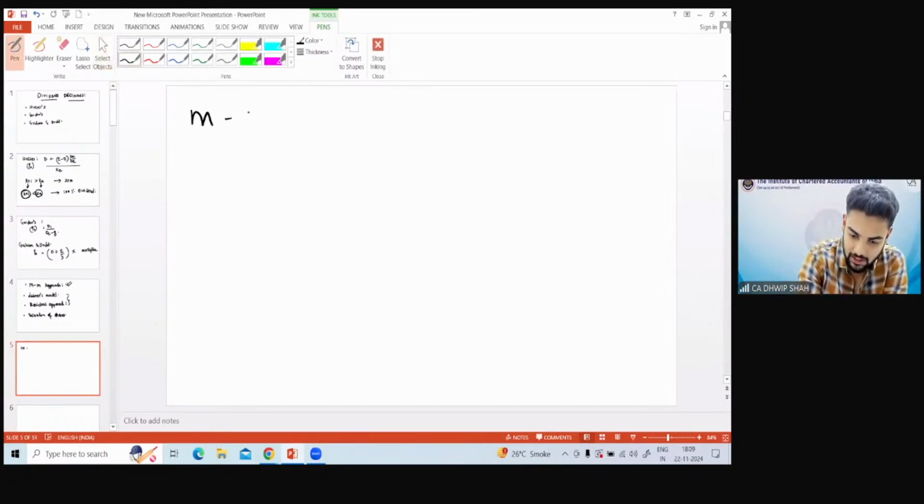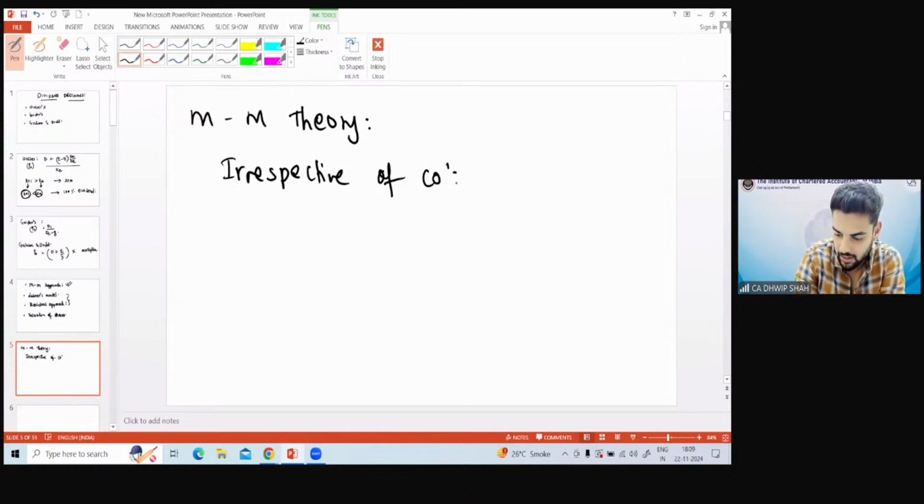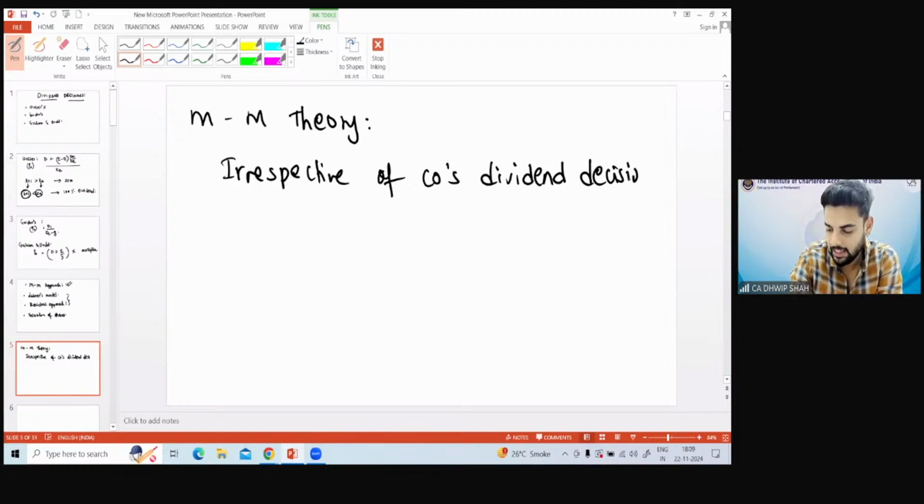So what is the crux of the MM theory of dividend decision? That irrespective of the company's dividend decision, meaning irrespective of the company's dividend payout ratio, the wealth of the shareholder will not change.